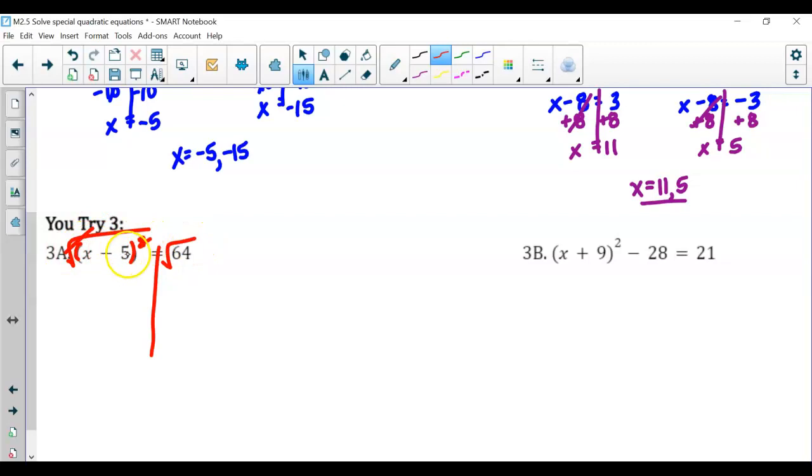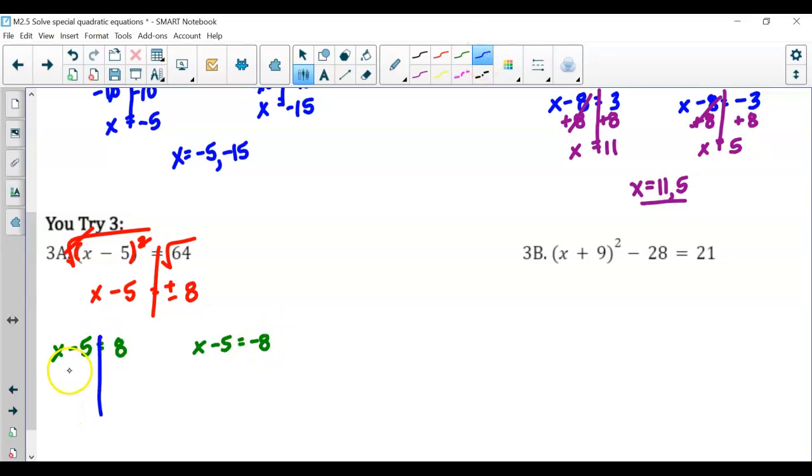Canceling out the operation, now here I've got x minus 5 is equal to not just 8, but plus minus 8, positive negative 8. So now the two equations you should have set up to solve are x minus 5 is equal to 8 and x minus 5 is equal to negative 8.